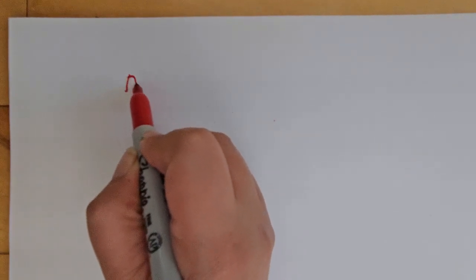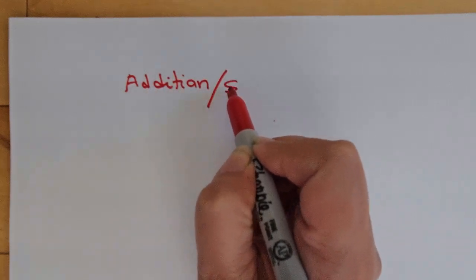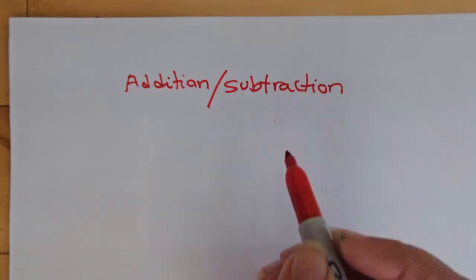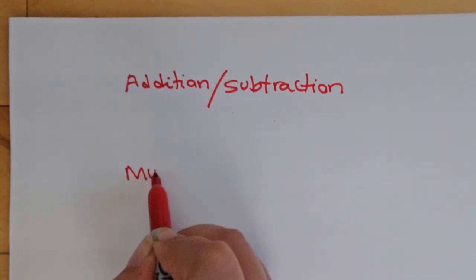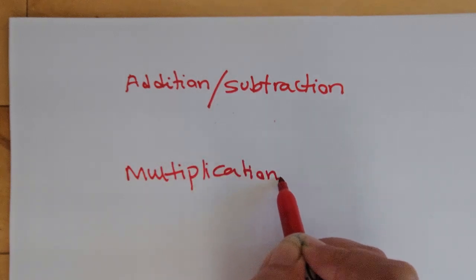Okay, now let's continue doing operations in algebra. We have addition, which is exactly the opposite of subtraction, and we have multiplication and division.